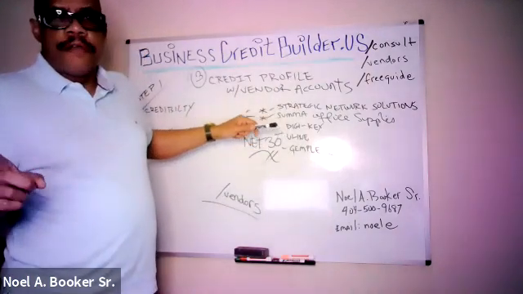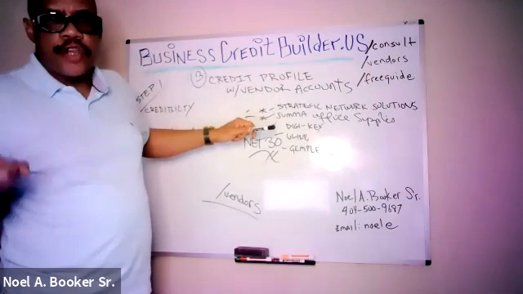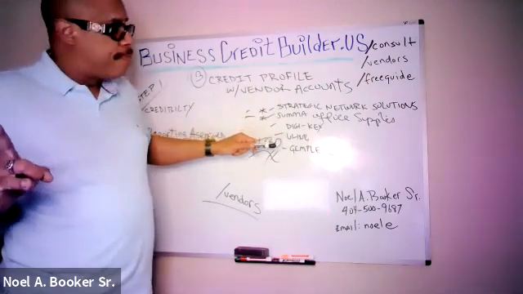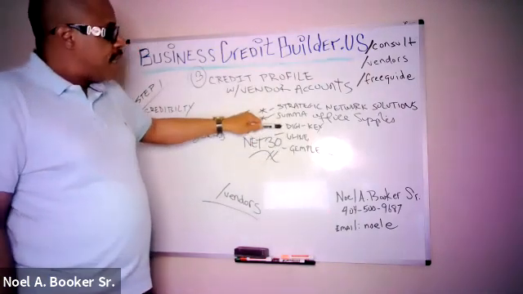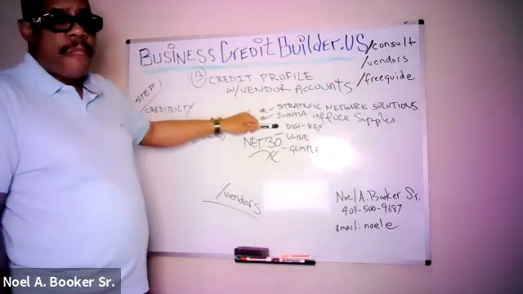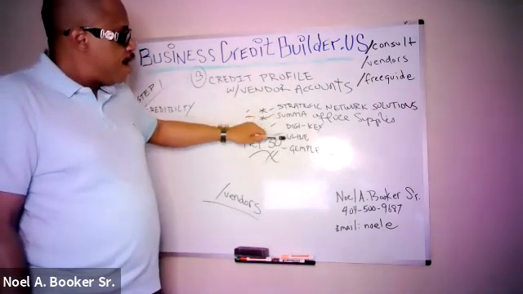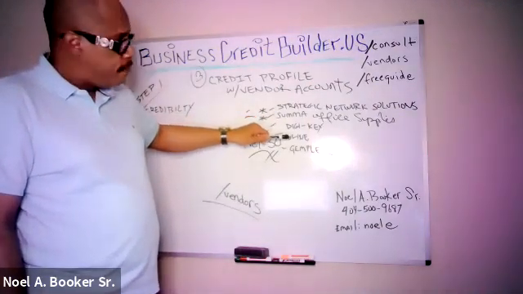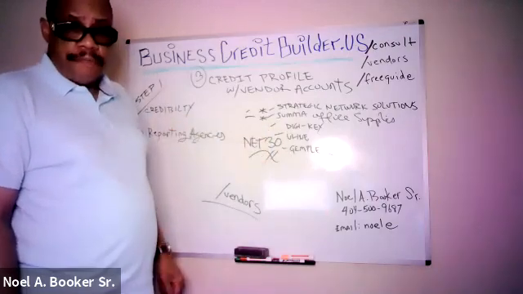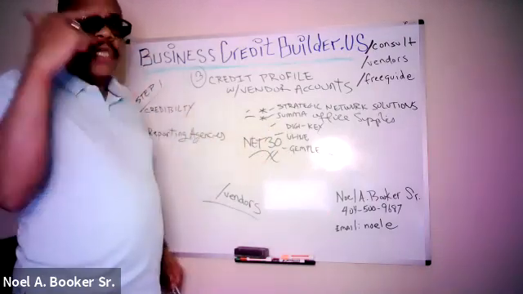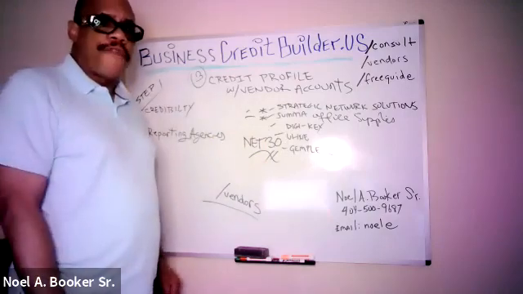Here goes some more vendors that you can start your business credit profile with: DigiKey, Uline, Gimpler. All right, these are other companies that you can start a business credit profile with.